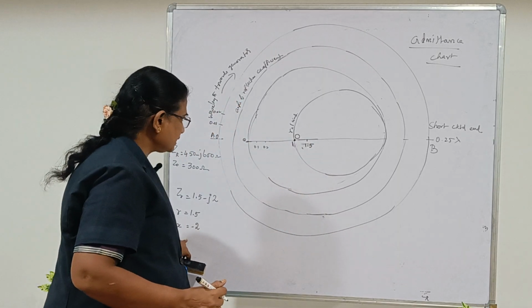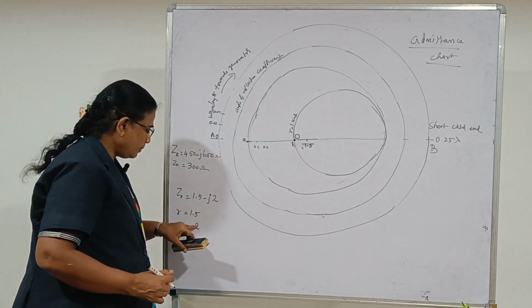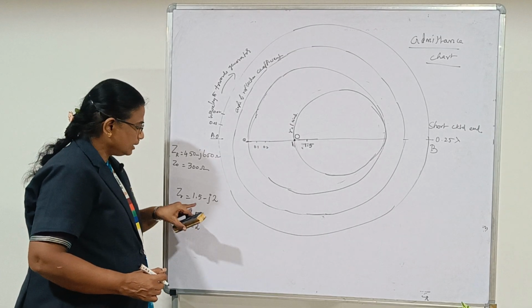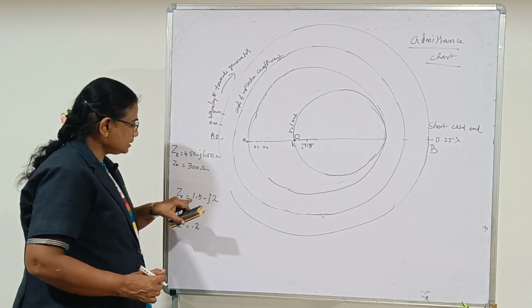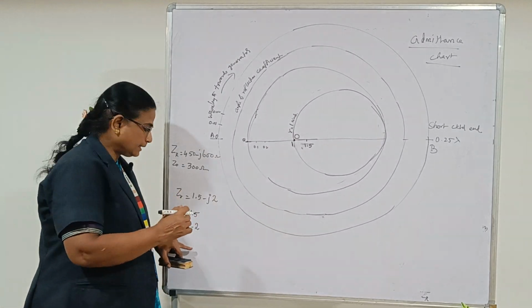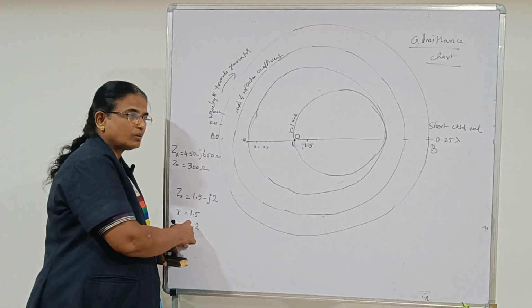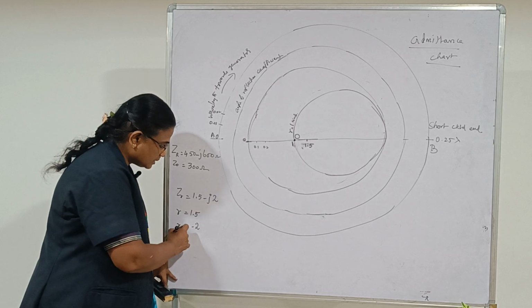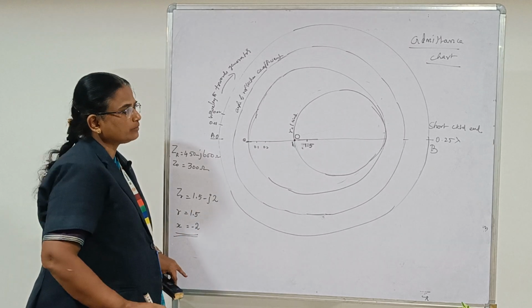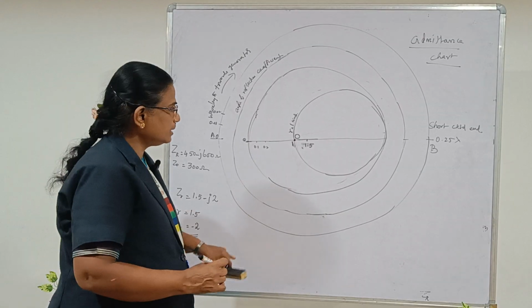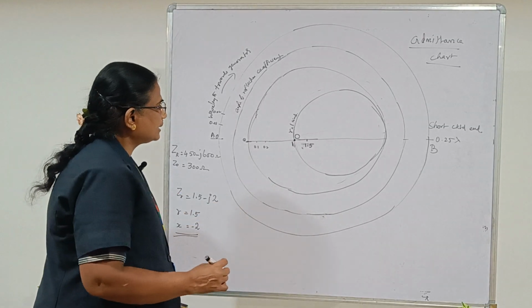Now the point of intersection of the R equal to 1.5 circle and the X equal to minus 2 circle will locate this normalized impedance. Now the reactance can be either positive or negative. In this case, X is minus 2, so it is negative. So we have to consider the set of circles lying below the horizontal axis.